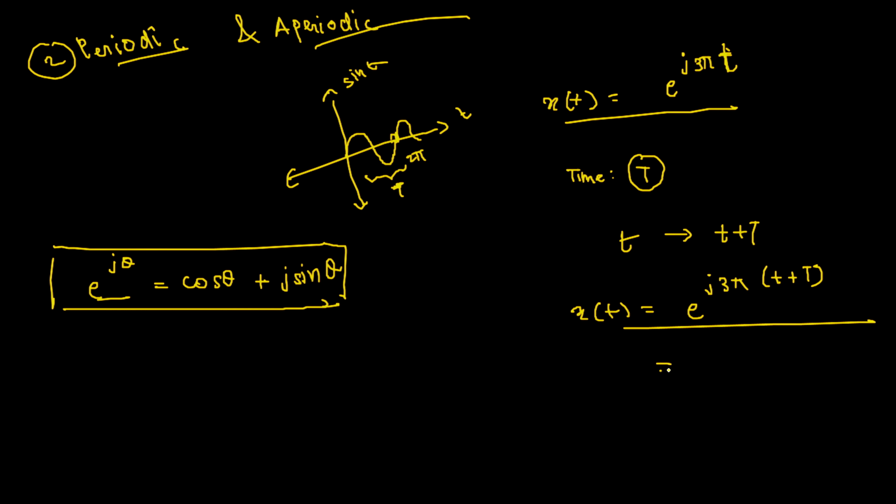So for that to happen, what should the condition be? Let's multiply 3 pi into the bracket. So I get e to the power j 3 pi into small t into e to the power j 3 pi capital T. So for this value to be equal to this value, the second half of this equation, which is e to the power j 3 pi into capital T, should be equal to 1.